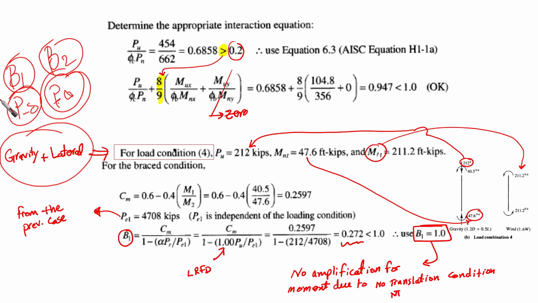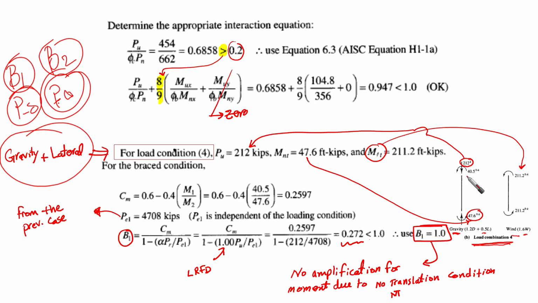The first step is to put what we know and put it in front of us, right? So first of all, we have two cases here. The case of the gravity, 1.2 dead plus 0.5 live, and the case of the wind, 1.6 wind. Both of them are composing load combination number 4, right? But we separate between them because this part is the LT part, lateral translational part.